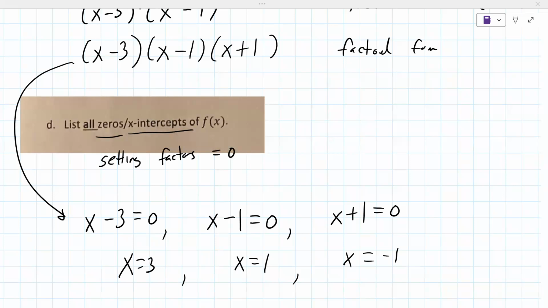Fill in the table using synthetic division. Substitution. This is really weird.